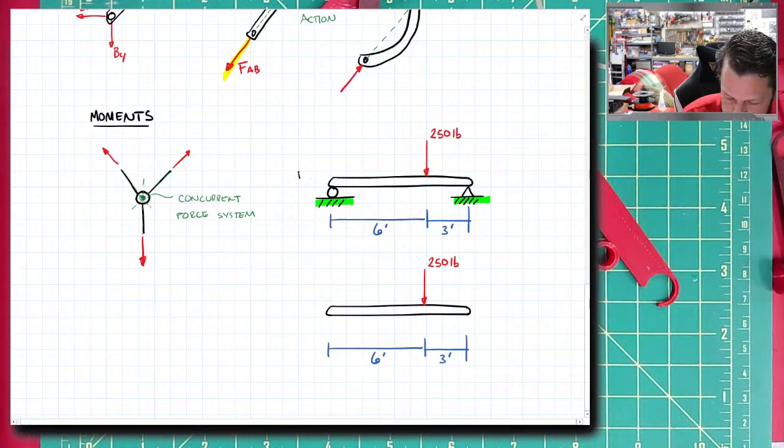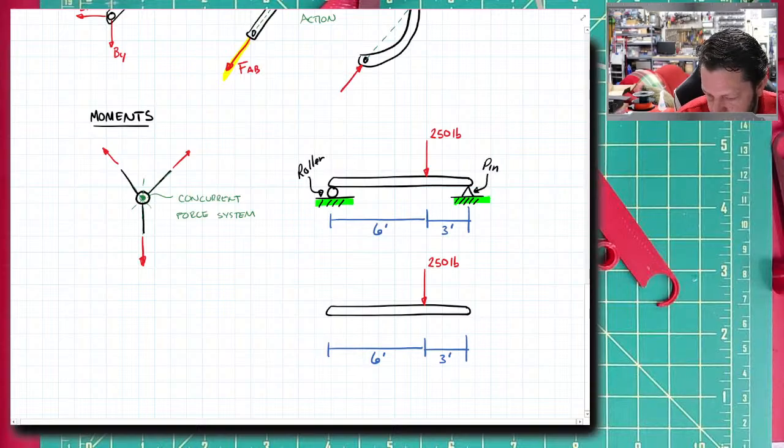So again, that's the roller. That's the pin. So the roller, what does a roller do? It's named a roller because it's kind of like a roller skate, that it slides freely in one direction, whatever direction it's rolling on. So the ground, in this case, it slides freely left and right, but it doesn't let you pass through the ground.